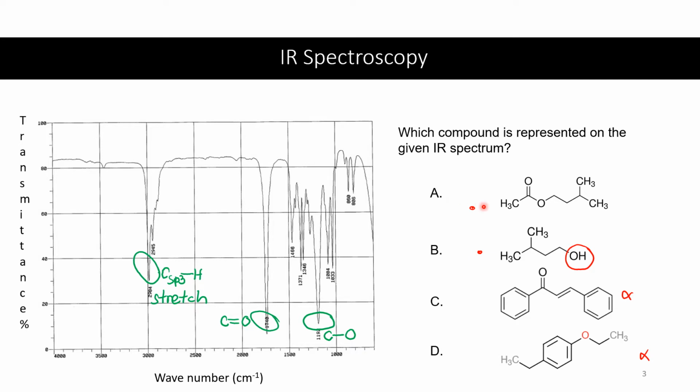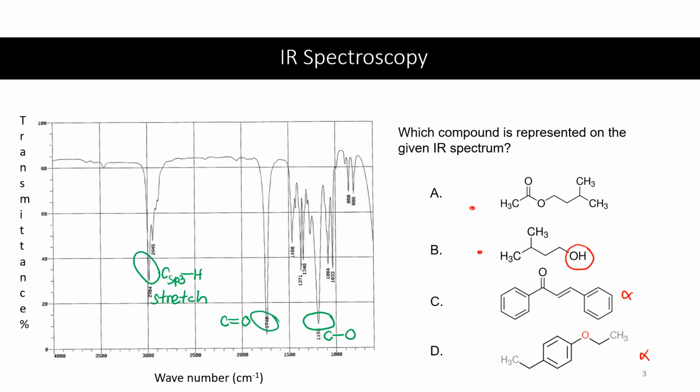And our last choice is this ester. We have a peak for the carbonyl bond, and we have a very strong peak for the C-O bond. So that would indicate that there is a C-O bond present.